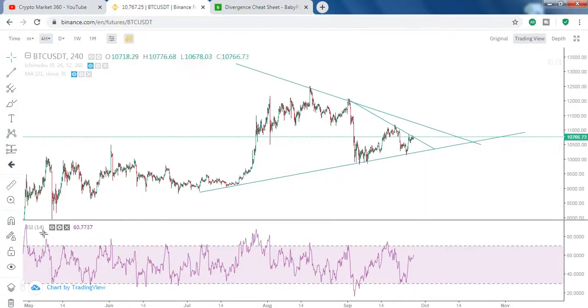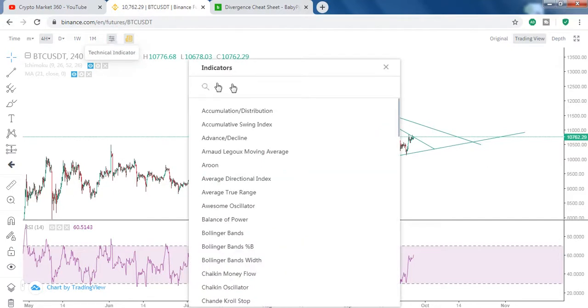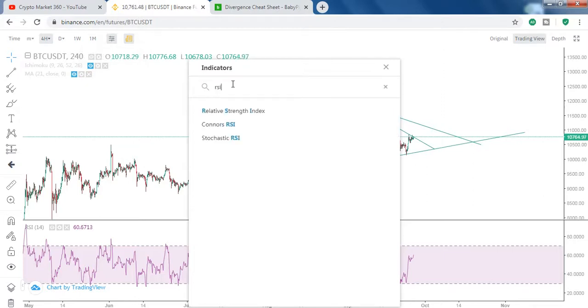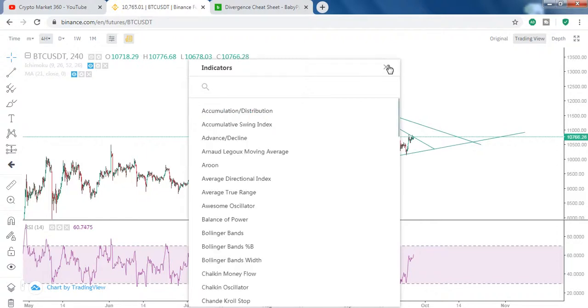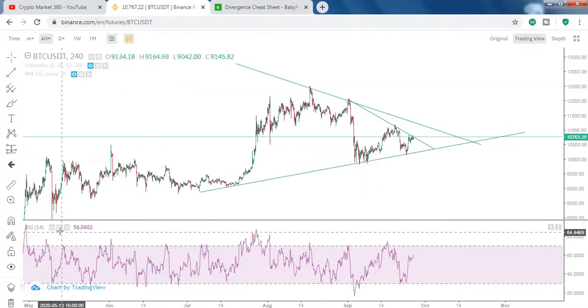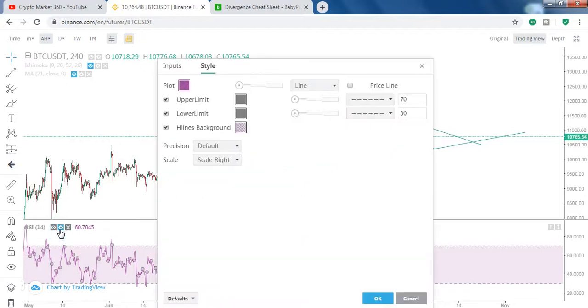One of my favorite indicators is RSI, and I have kept the default value. When you click there, you can type RSI, which is the Relative Strength Index. It's a momentum indicator. Let me show you the basic default settings.